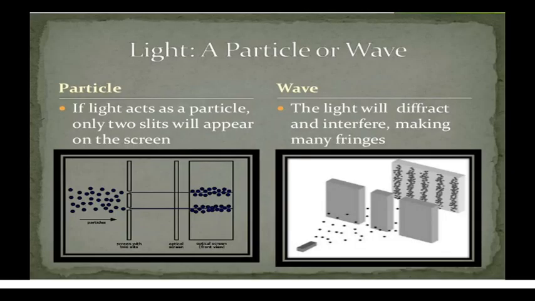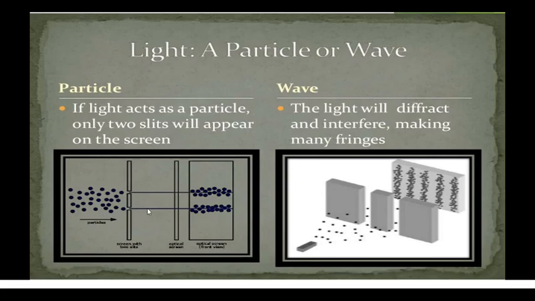Now we can think of light, whether it's a particle or a wave. If light acts as a particle, if it comes to these two slits, only two slits will appear on that screen. See, the particle is coming like this and entering the screen.